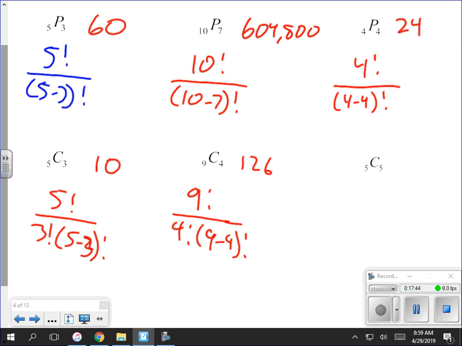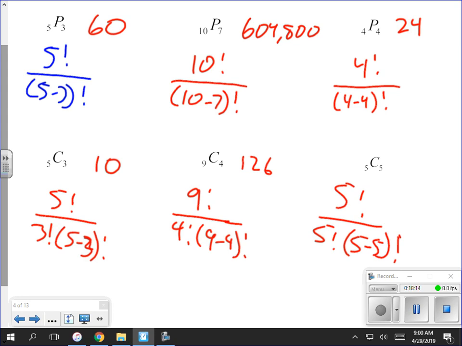First one was 24, 4 choosing 4 at a time. This one will be, how many times can I reach into a bag of 5 items and grab all 5 items? There's only one way I can do that. If we look at the formula, 5 factorial over 5 factorial times 5 minus 5 factorial. 5 minus 5 factorial, this is 1.